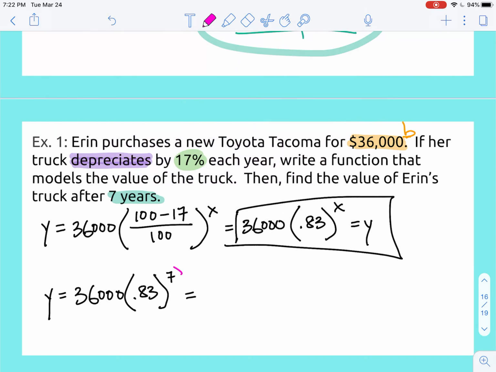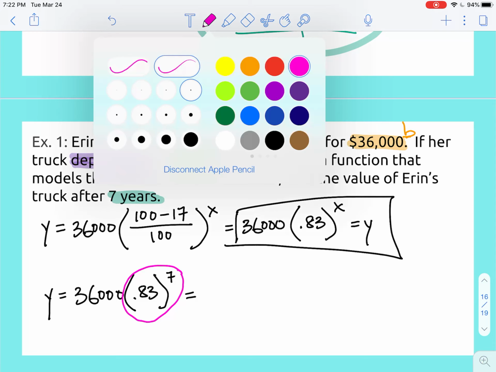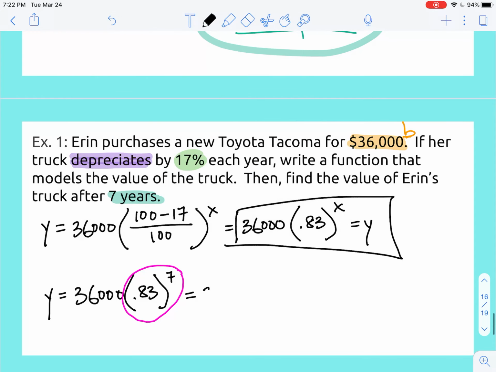When we type this into our calculator, we need to make sure we do this part first. Exponents come before multiplication. So I'm going to write out whatever decimal I got, which turns into 0.27136 with a lot of other decimals after, and then I'm going to multiply by 36,000.